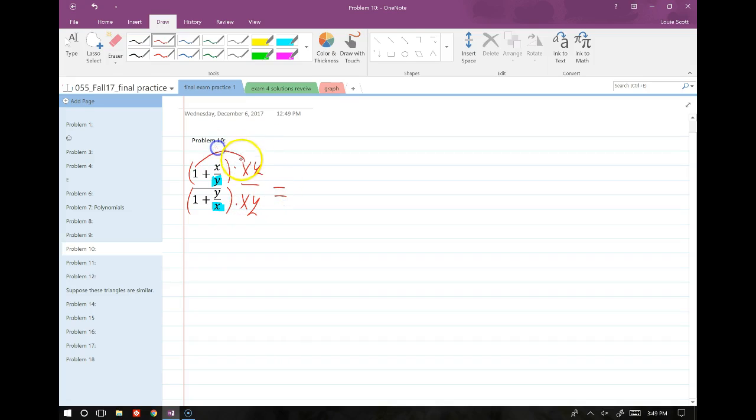Okay, I go ahead and distribute across the top. xy times 1 is just xy. xy times x over y is x squared. Now I'm going to distribute across the bottom. xy times 1, that's still just xy. And then xy times y over x, that's going to give me y squared.